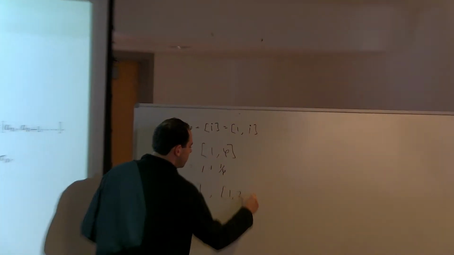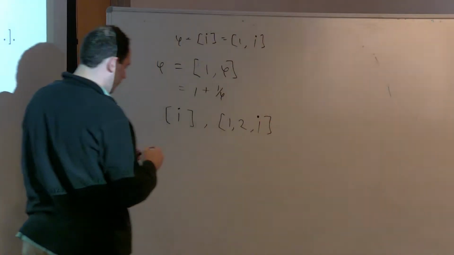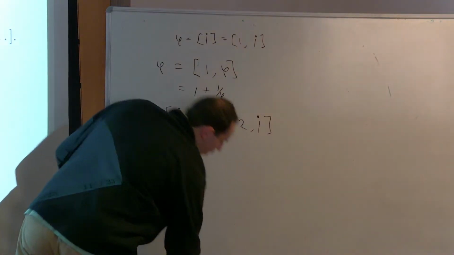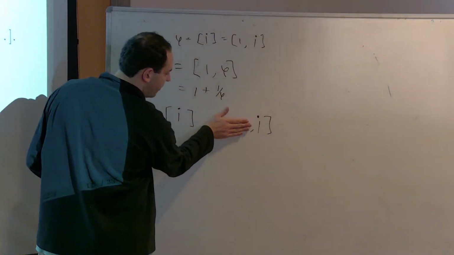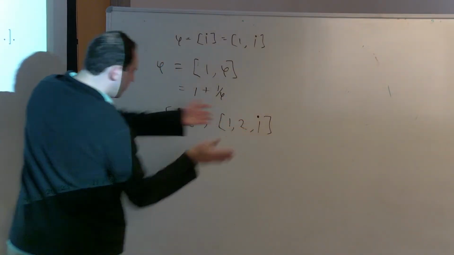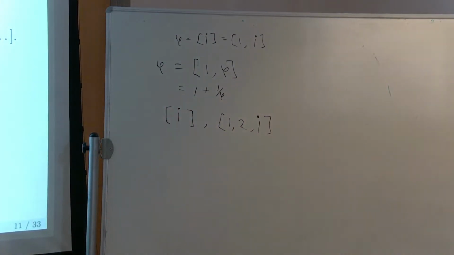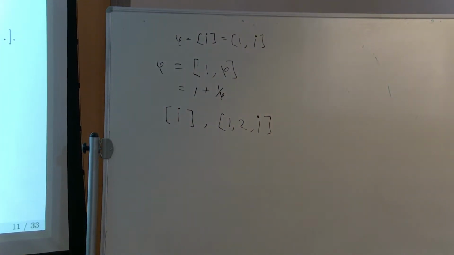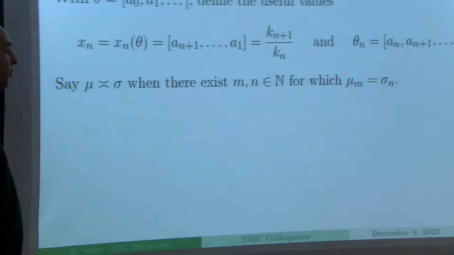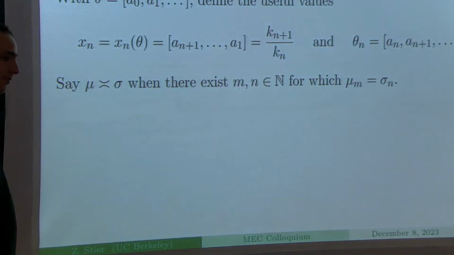A core example is all ones, and then 1, 2, all ones. We would just chop off this prefix, and then these are the same continued fraction. It's like an equivalence class. So this is an equivalence class of real numbers given by the continued fractions.